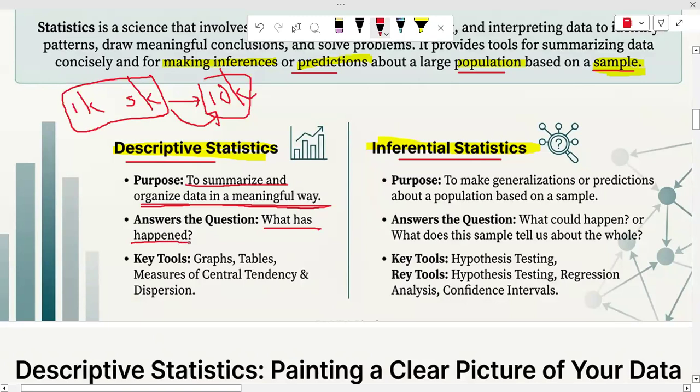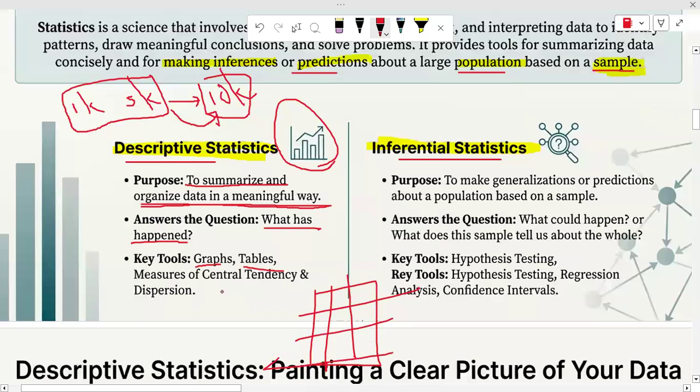What has happened? It describes, right? And the key tools we use are graphs and tables, these kinds of charts. You may find the frequency table, a table like this, and measures of central tendency. Here we think about average, maximum, minimum, mean, median, mode, right?